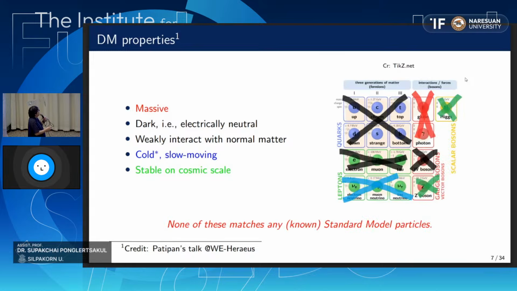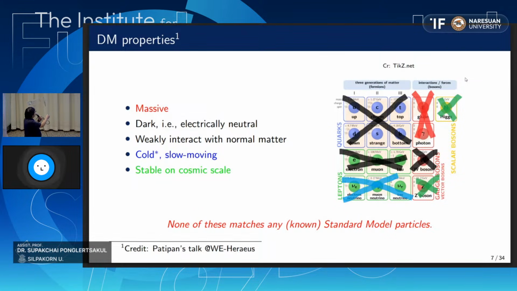However, when we look at our standard model particles, we don't see any fundamental particle that has all of these properties. For the massive requirement, we can rule out the gluon and photon, so they cannot be dark matter. Electrically neutral means they have no charge.